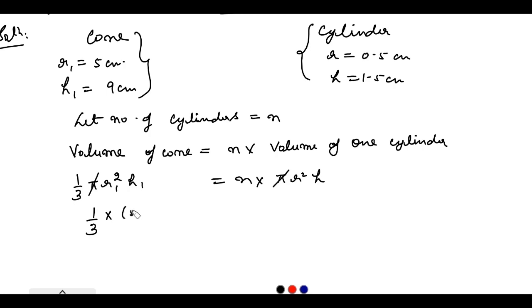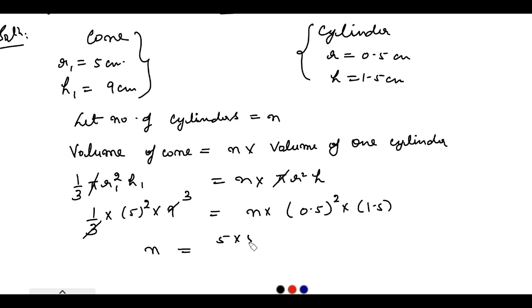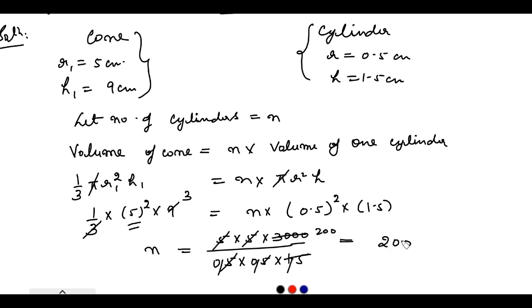Radius of cone is 5, height is 9, and radius of cylinder is 0.5 and height is 1.5. Means n is equal to 5 into 5 into 3 divided by 0.5, 0.5 and 1.5. The number of cylinders is 200.